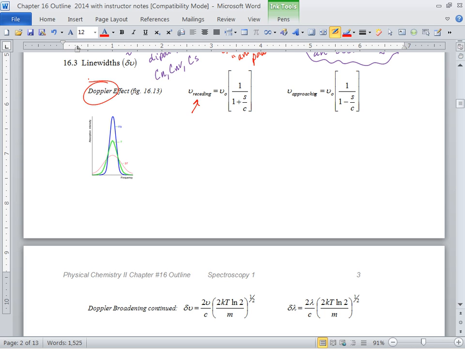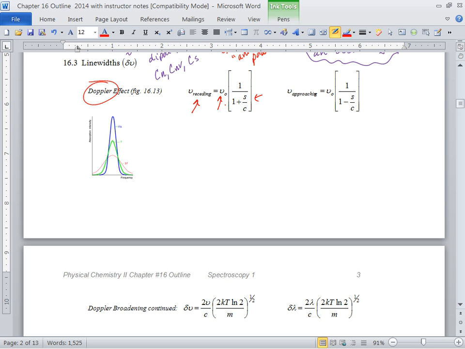So if the emitter is going away from the detector, the frequency is a little bit lower, because the denominator is bigger. If you divide by a bigger number, you get a smaller answer. What's nu?